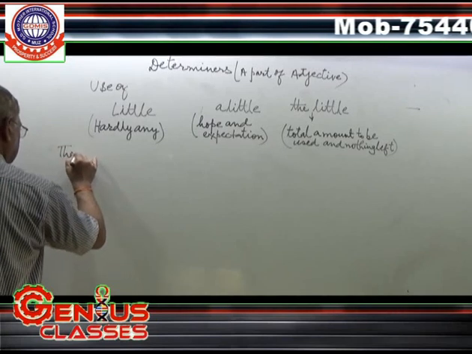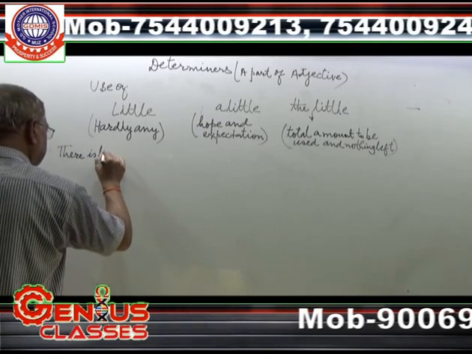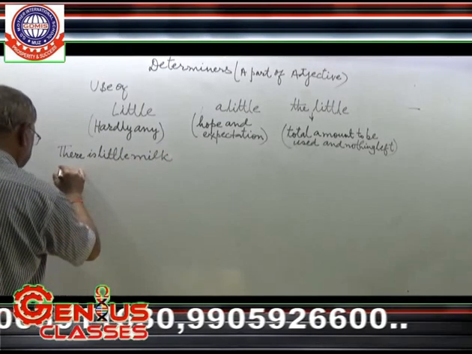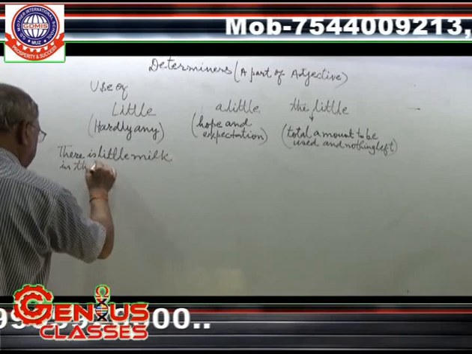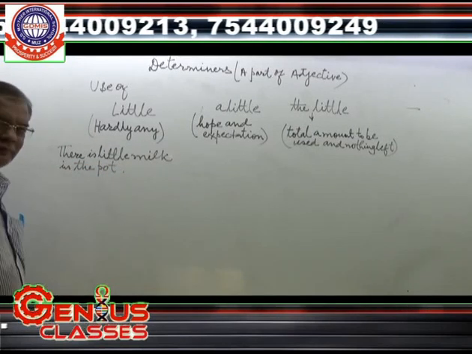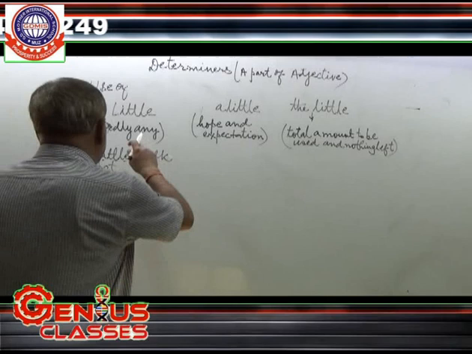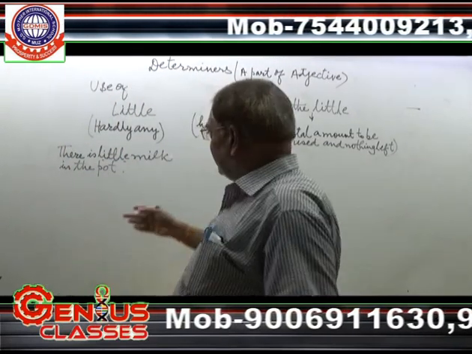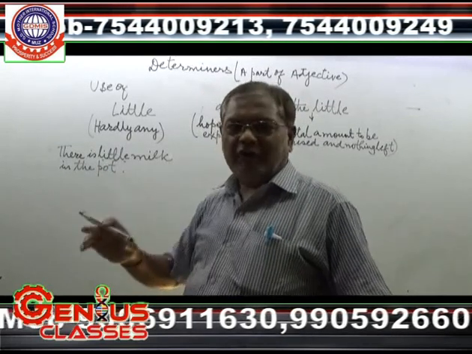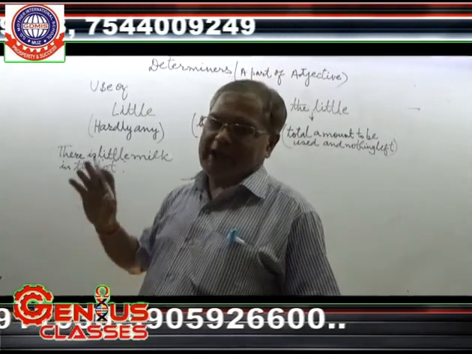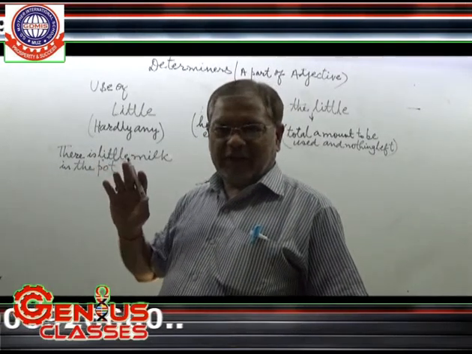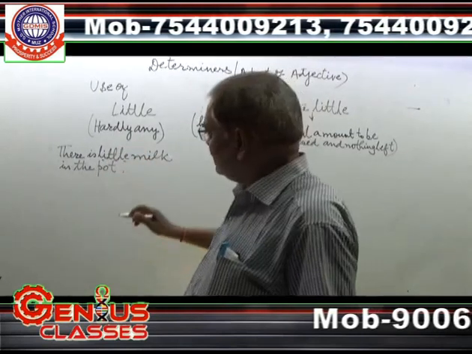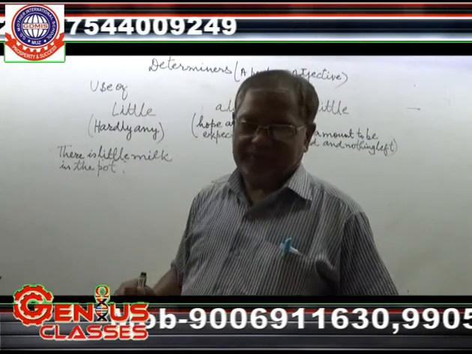There is little milk in the pot. So here the word little has a completely negative sense. Even though there is milk in the pot, there is no usage of it. Anyone cannot use the proper amount of milk, whatever is there, because the word little has been given.